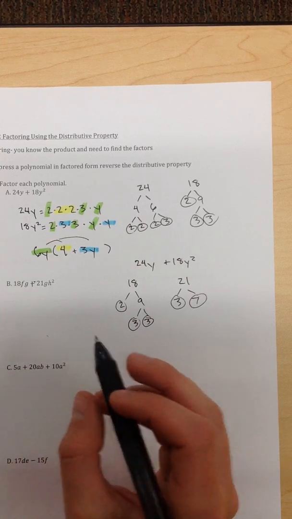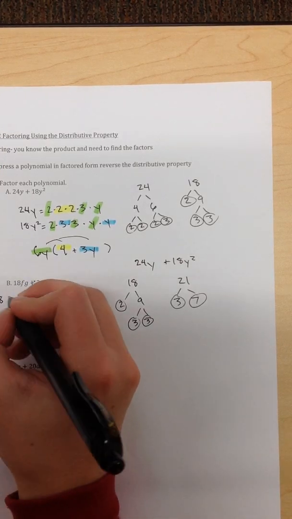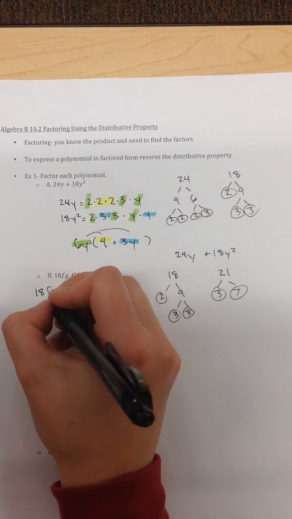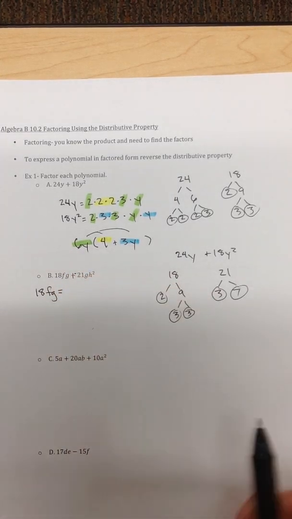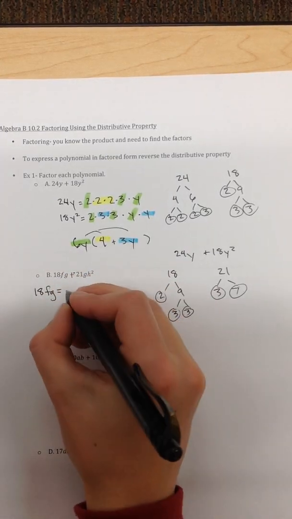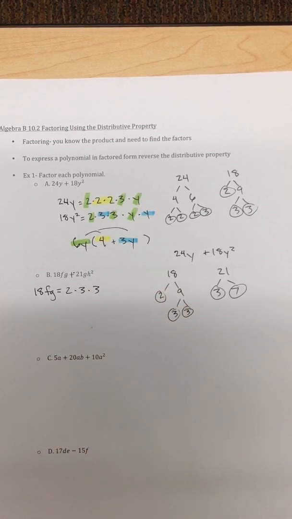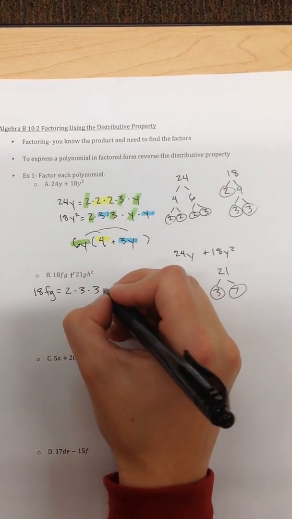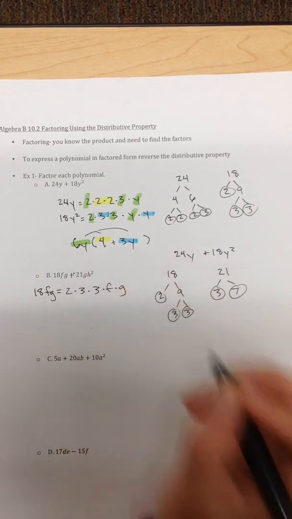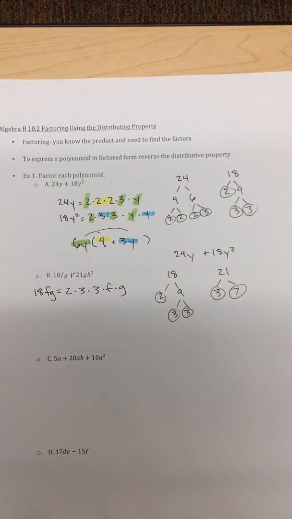Okay, so if I write these out then, 18FG would be equal to, 18 was 2 times 3 times 3, and then FG would be just times F times G. So that takes care of that one.